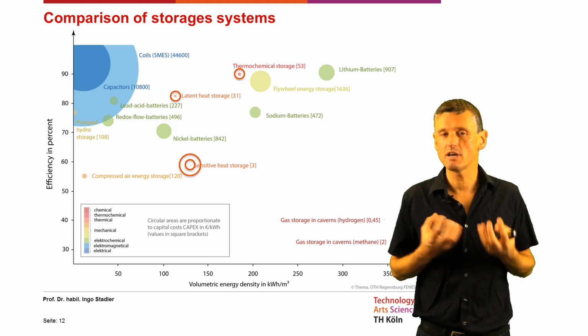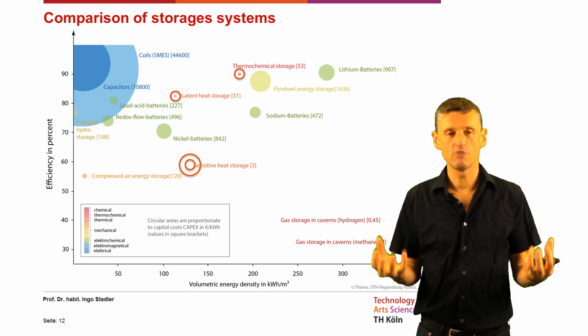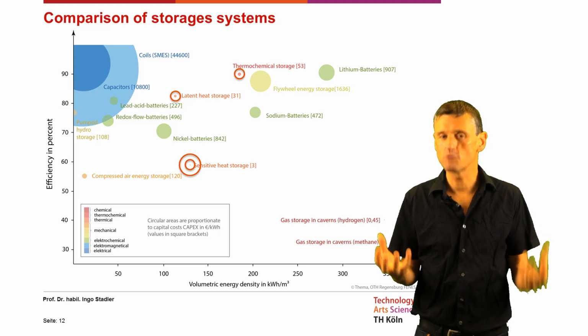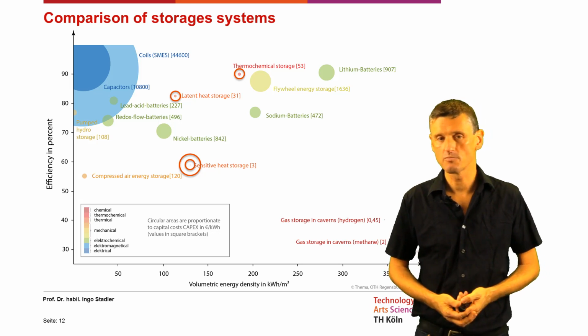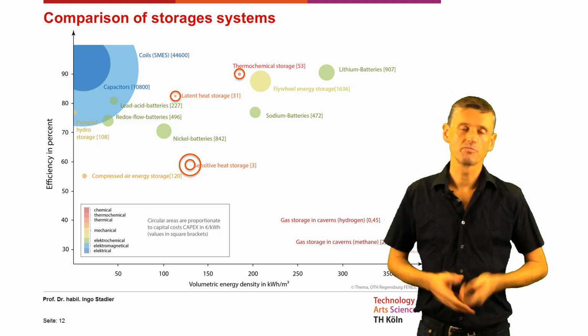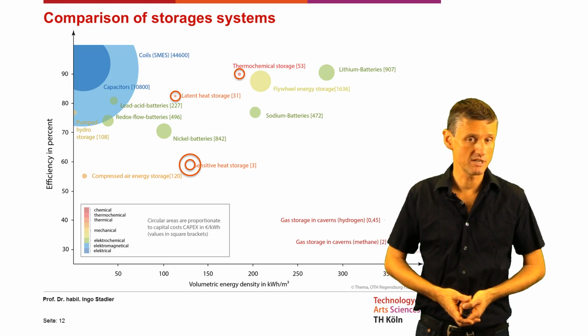So whenever we are able to combine the power sector and the thermal sector by solving the storage problem on the thermal side, we always have the biggest advantage. Even for latent heat or thermochemical storage, the cost is small compared to electrical stores, for example.